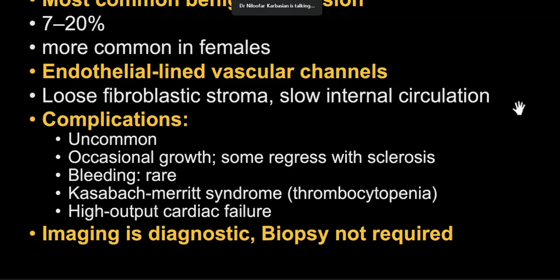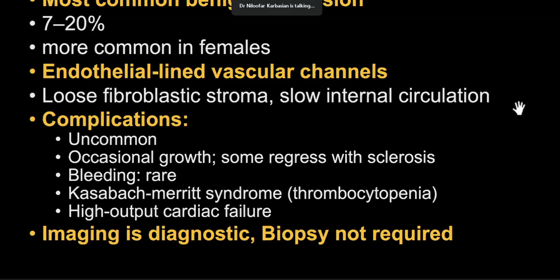They occasionally can grow, they can regress with sclerosis, and actually sclerosing hemangiomas can have some specific views on MRI and sometimes can fool us for more important lesions. But a prior imaging that shows a presence of hemangioma in that area is very helpful. They very rarely can bleed.